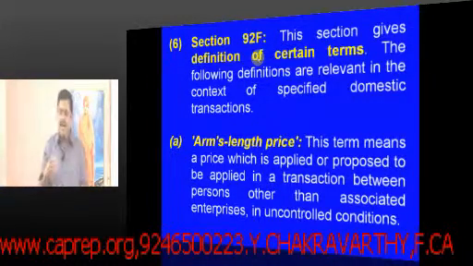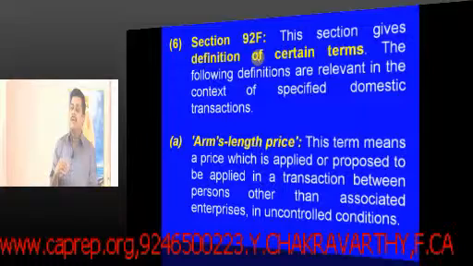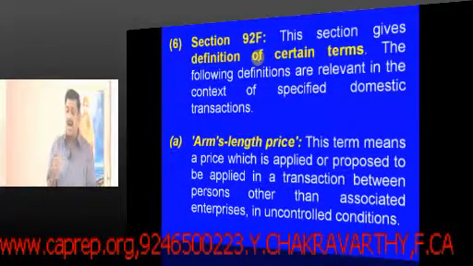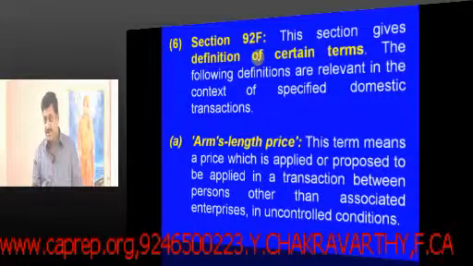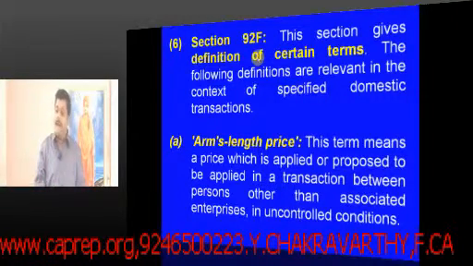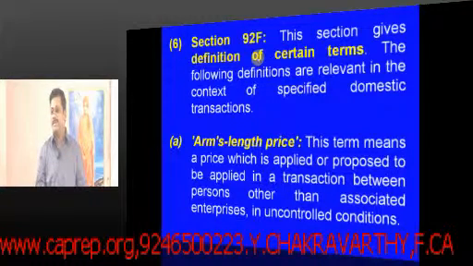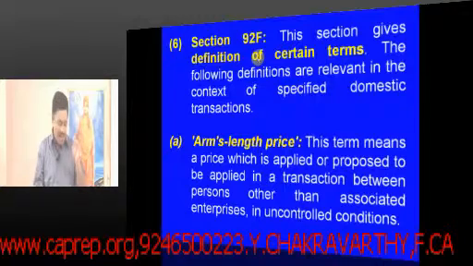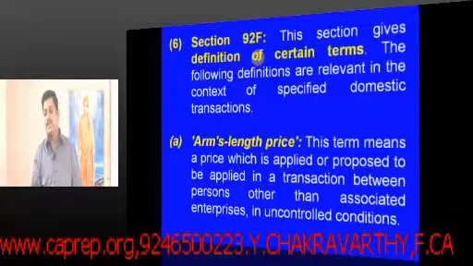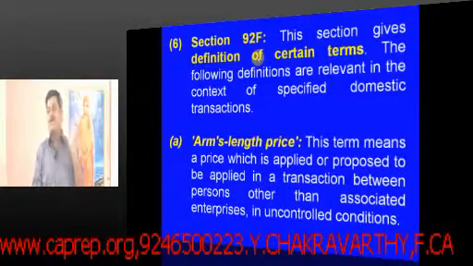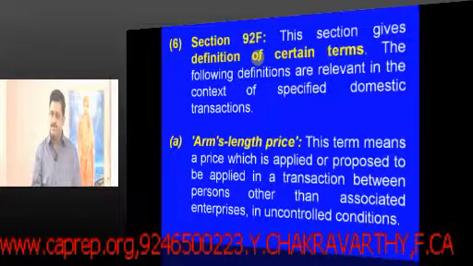See, at intermediate level, that is the IPCC level, what will happen friends? They may ask a question on this, and the possible questions I am expecting are: define arm's length price, or the other type of question like, what is a specific domestic transaction.